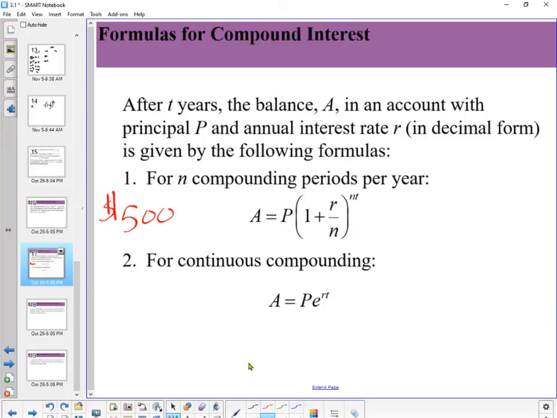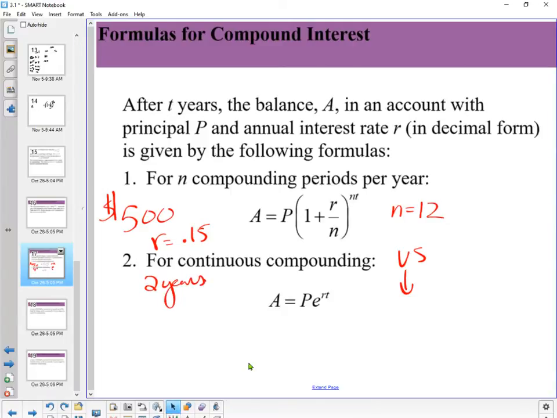I want you to tell me how much of a difference there is, let's see if this is surprising or not, between compounding every 12 months versus compounding continuously at a rate of 0.15, which is 15%, for 2 years.